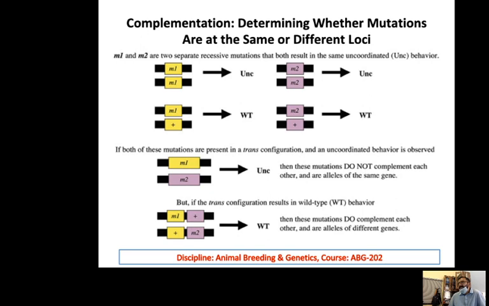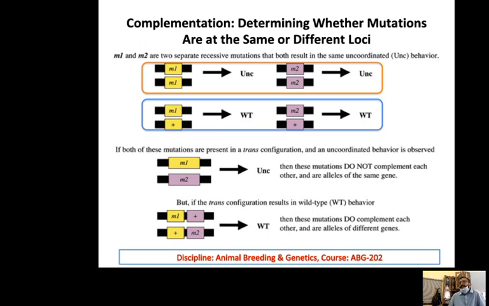So M1 alone, if it is in both copies, would be uncoordinated. Similarly, M2, M2, both copies, uncoordinated. Now, if only one of them is present, it would be wild type, with either M1 or M2. You can see here.